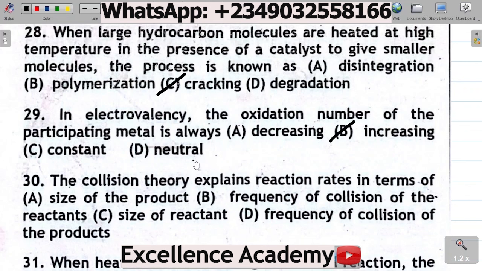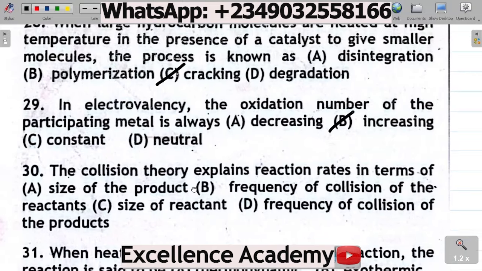So since metal loses electrons, their oxidation number increases. And since the oxidation number increases, the correct answer is B, increasing. So the oxidation number of the participating metal in electrovalency would increase because the metal loses electrons. That is your correct answer.